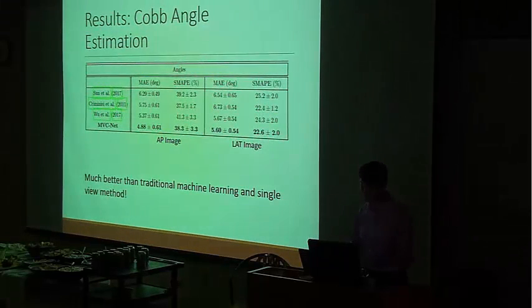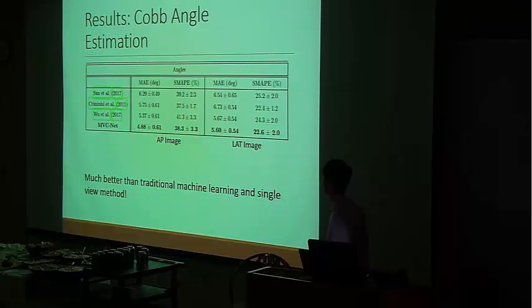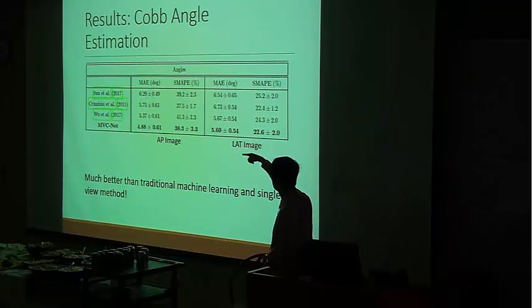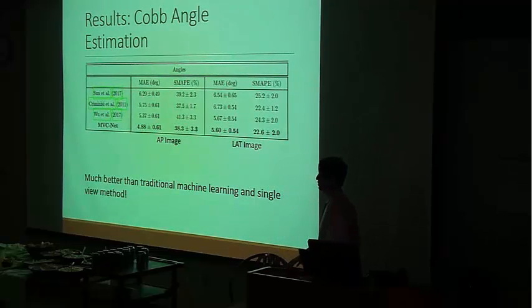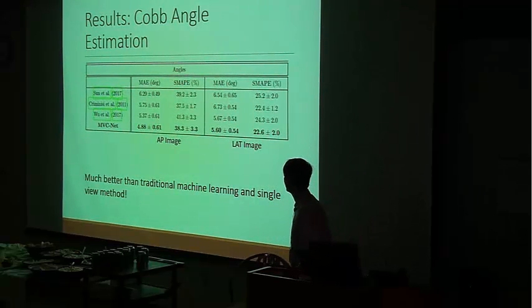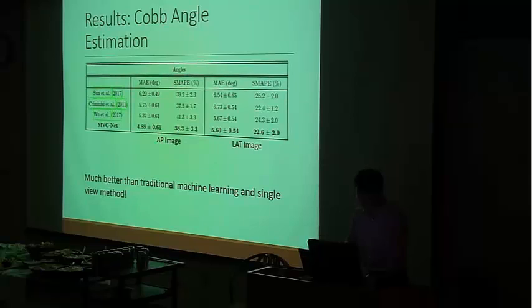And for the curve angle estimation results, the first two papers are using basic traditional machine learning methods, and the bottom one is the multi-view method. As you can see, our deep learning method is much better than the traditional machine learning methods.